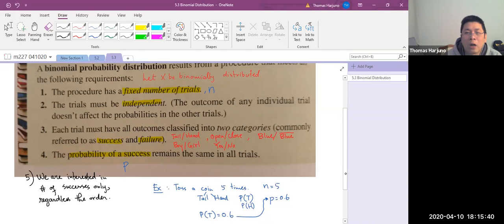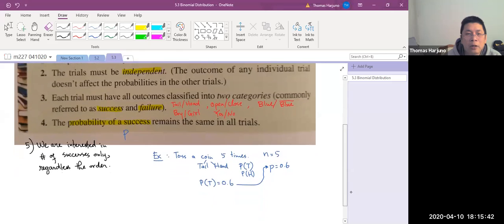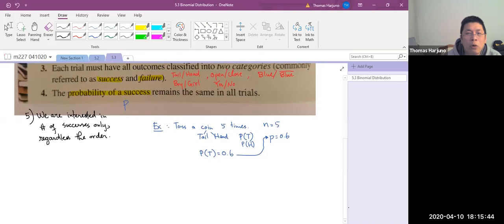Okay, now let's look at this example here. Let's say we toss a coin 5 times. The probability of tail is 0.6. So we now have this parameter. Now, how do I write the notation?